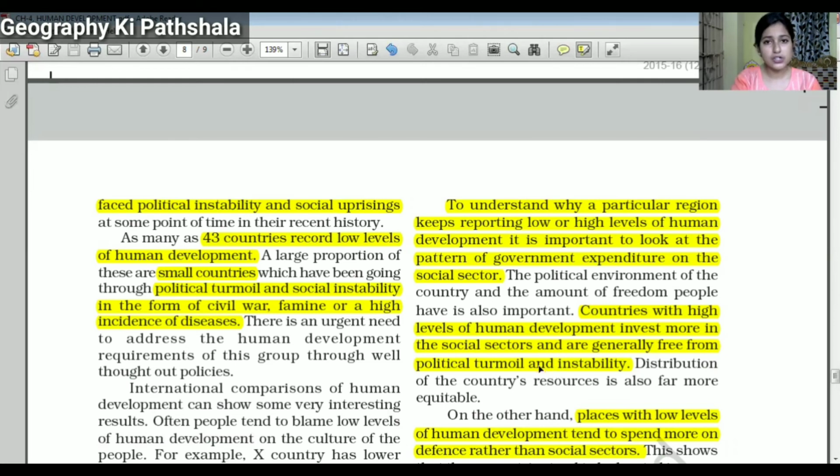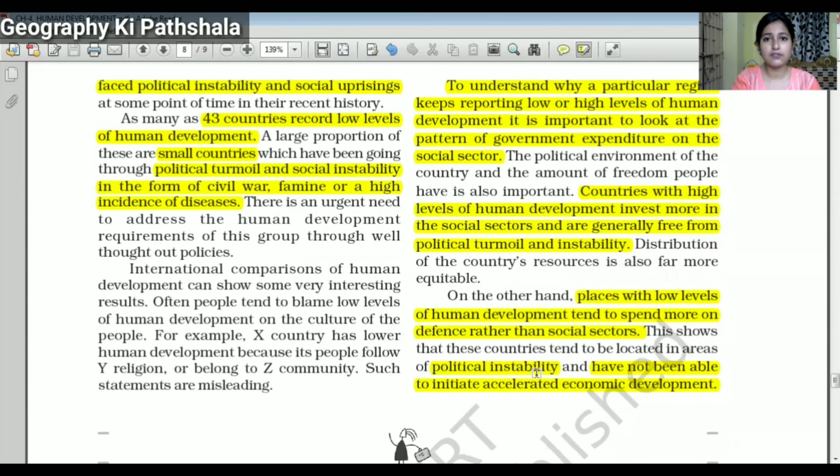But on the contrary, when we see some places with low level of human development, there you will see that they spend much more on defense rather than on social sectors. Because in those categories you will see that some political instability is going on, or some social instability is going through all those countries.